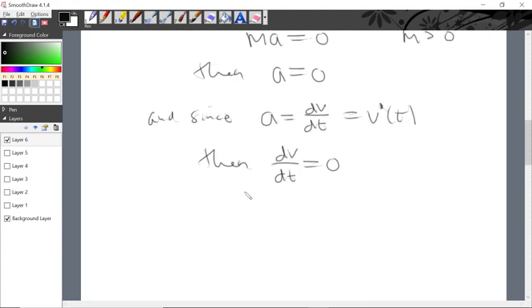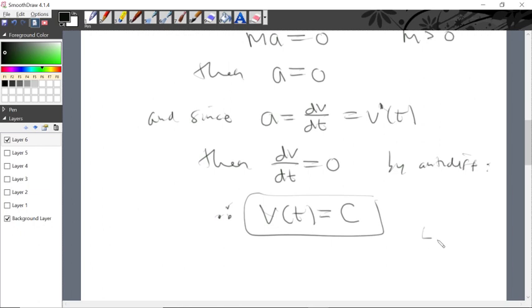The derivative of velocity is equal to 0, and therefore what is the velocity function? By antidifferentiation, we have that the velocity function v of t, the antiderivative of 0, must be an arbitrary constant c. And that really completes the proof right there.